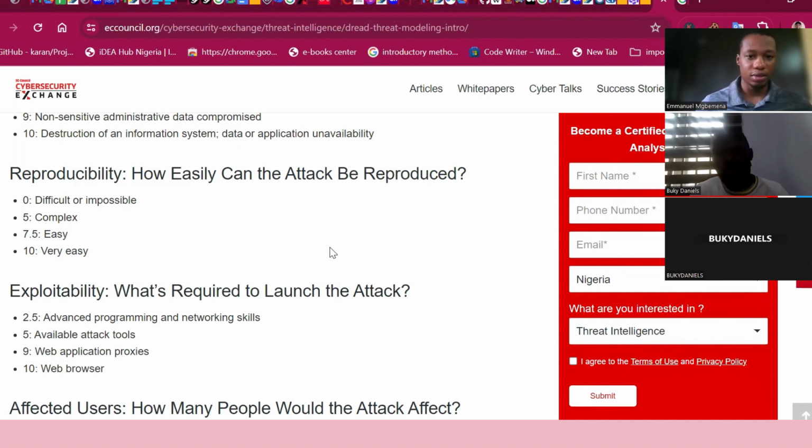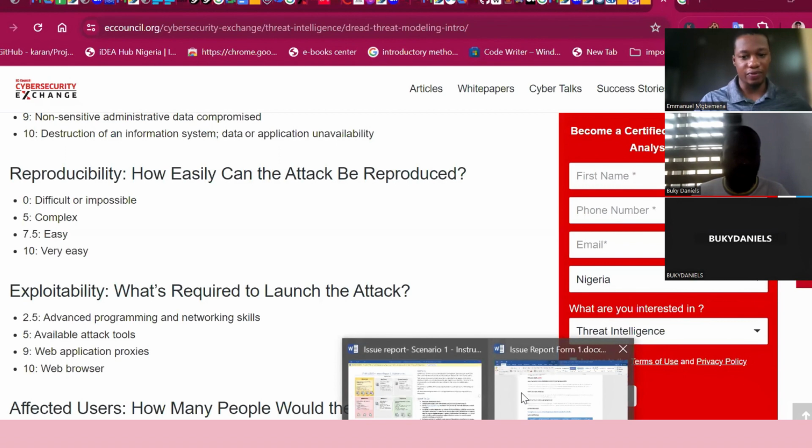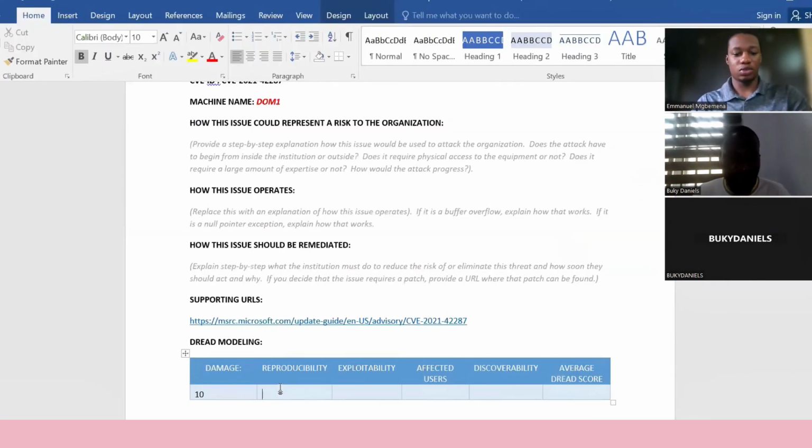You just have to start from a web server, doing your reconnaissance, scanning the public web IP. Then if you're attacking from the domain, it has to come from inside. So I think 7.5 is good. Okay, let's give it 7.5.